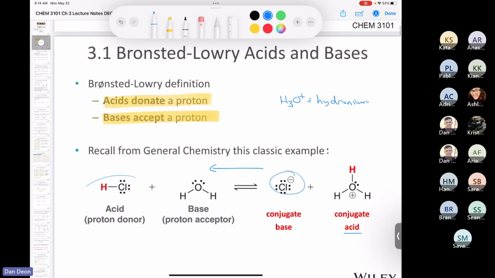And the chloride is accepting a proton to become HCl. A base is a proton acceptor, and therefore this must be the conjugate base. So to repeat myself, if you ever get unsure as to whether you're identifying the conjugate acid and the conjugate base correctly, you can always just think about the reaction in reverse and then remember the definition. An acid donates a proton and a base accepts a proton.